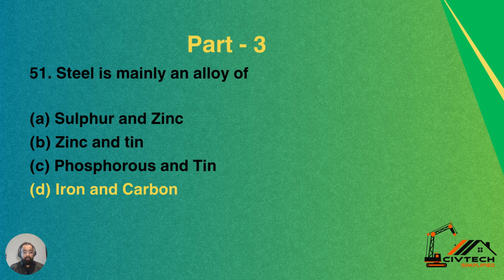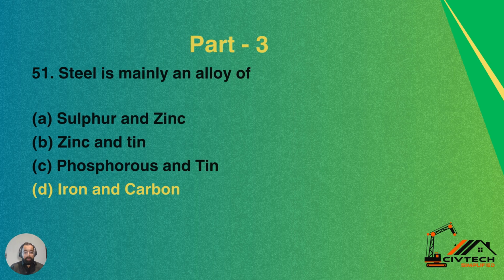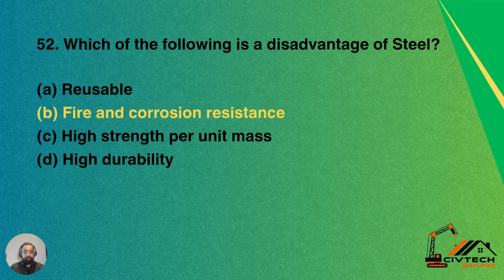So we know that steel is iron and carbon, so it's an alloy of iron and carbon. Option D is the correct answer. Steel is an alloy of iron and carbon.